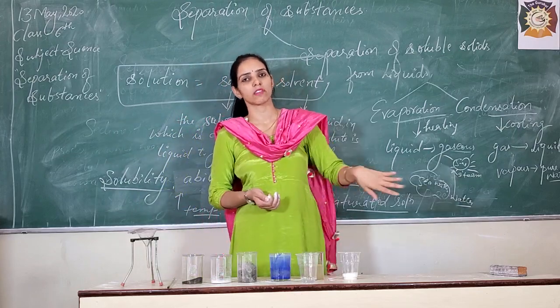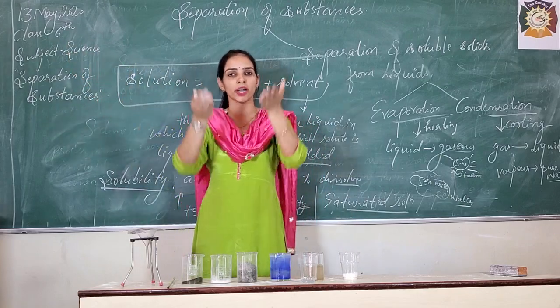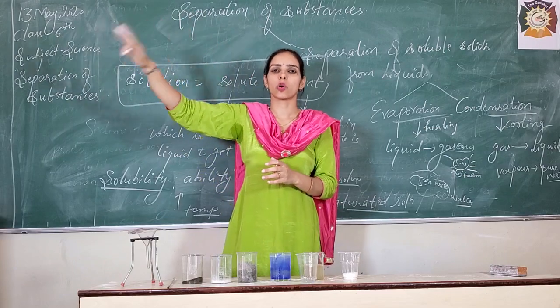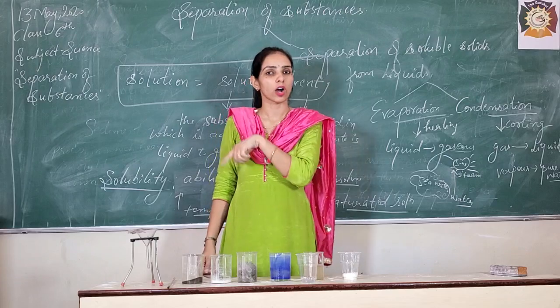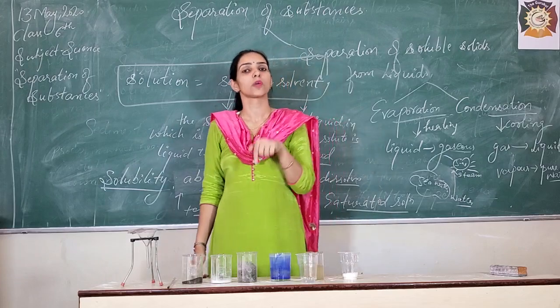From the sea water, salt will be left behind, and the water which evaporated in the form of vapors, on touching a cold surface, those vapors will be changed back into water. But now the water will not be salty, it is pure water.